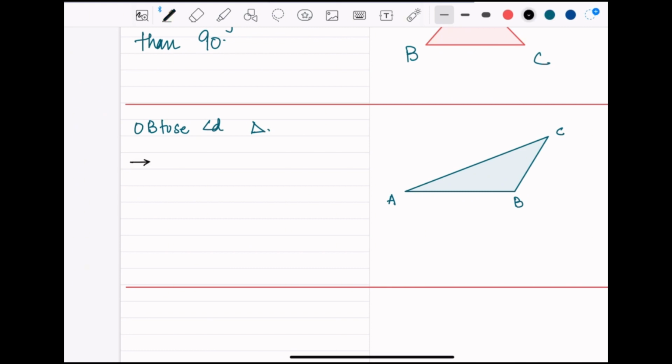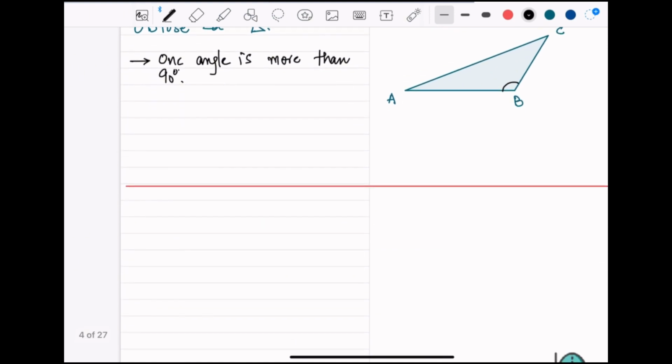So in an obtuse angle triangle, one angle is more than 90 degrees. And in this scenario, just by looking at it, you can say that angle B is more than 90 degrees, hence making it an obtuse angle triangle. We're not bothered about the other two angles, but one angle has to be obtuse, and only one angle will be.